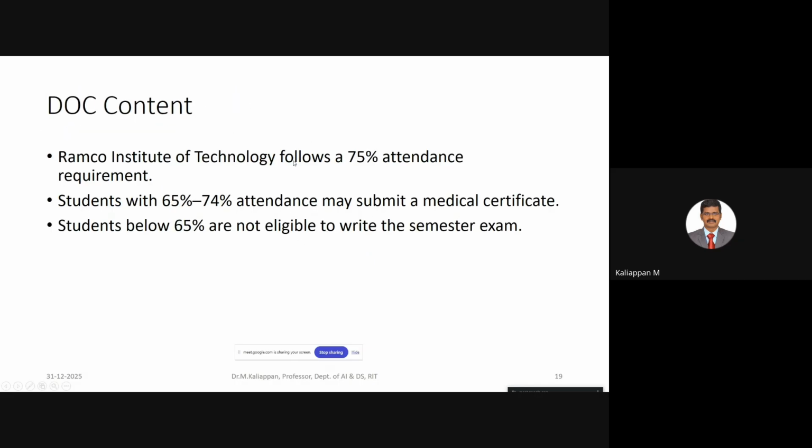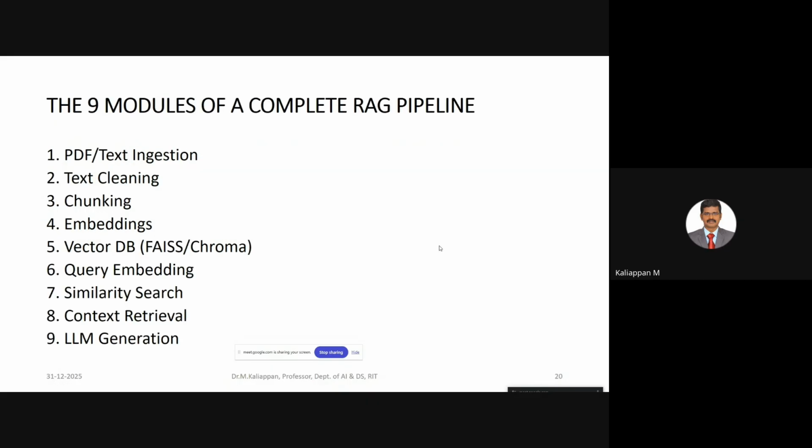This is an example. This is my content, this is my document. The document contains: Ramco Institute of Technology follows a 75% attendance requirement. Students with 65 to 74% attendance may submit a medical certificate. Third sentence: students below 65% are not eligible to write the semester exam. This is my document.